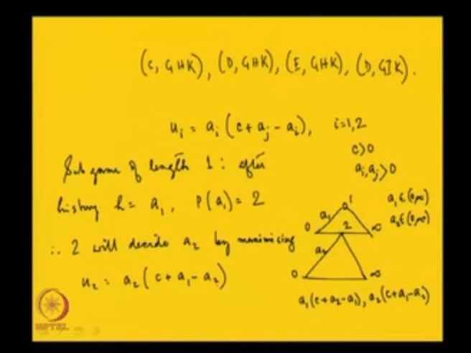Now, here a1 is just anything, it is a variable. So, given a1, player 2 is maximizing this function. So, how do we do that? It is just a quadratic function in a2.